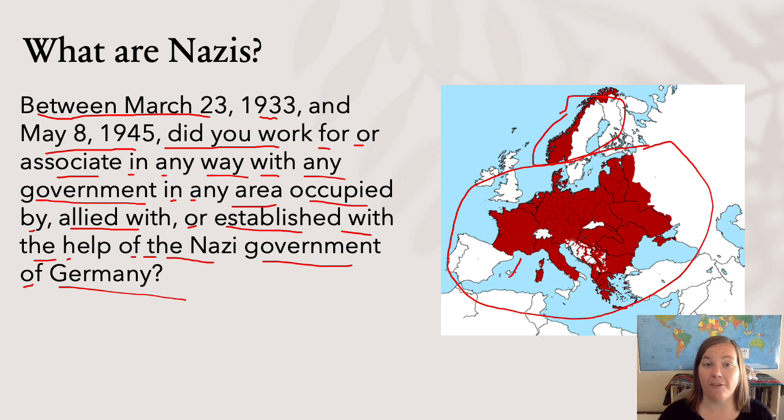The Nazi government worked with the fascist government of Italy, another country we fought during World War II, and many other countries. So this question is asking if you ever helped or worked for the Nazi government when they were not only in Germany, but in the rest of Europe.